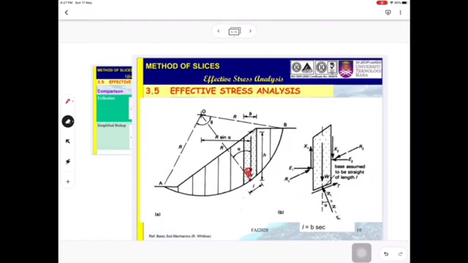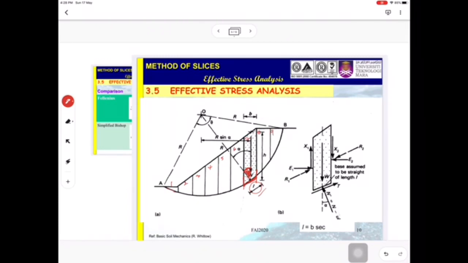This is the difference between total stress and effective stress. L is actually the outline, but for effective stress analysis it considers the outline per slice. Let's say this is slice 1, 2, 3, 4, 5, 6, 7, 8, 9.